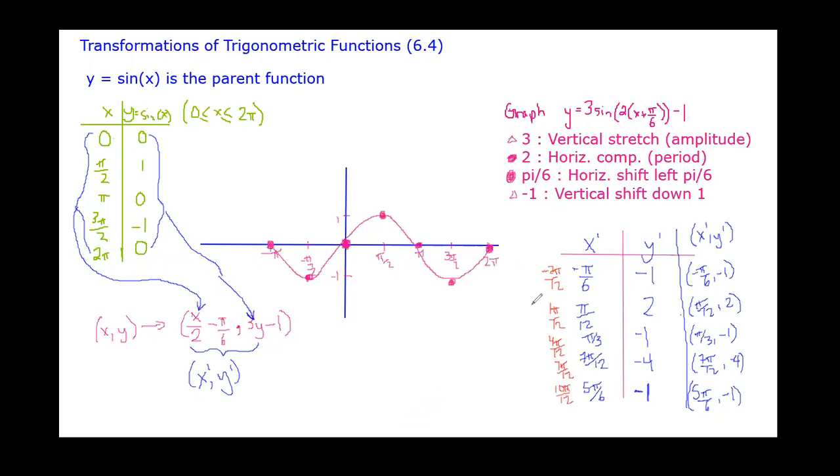Do you notice what the pattern is here? Every single time you're increasing by 3 pi by 12, or what you're doing is increasing by pi by 4.